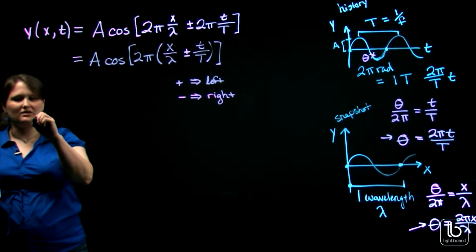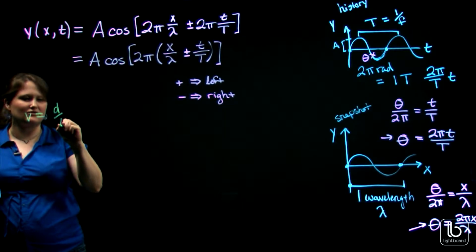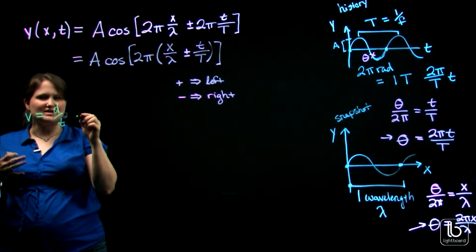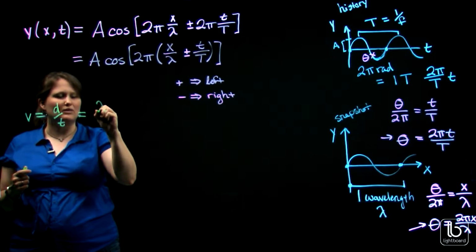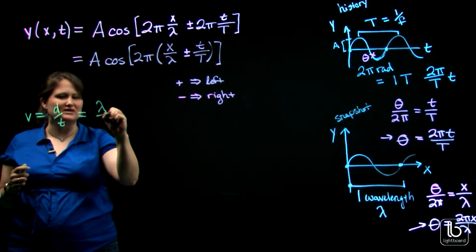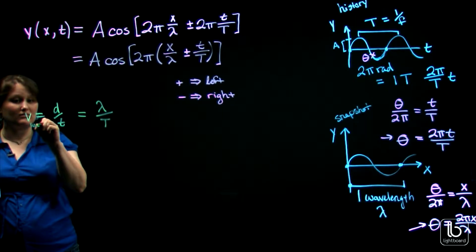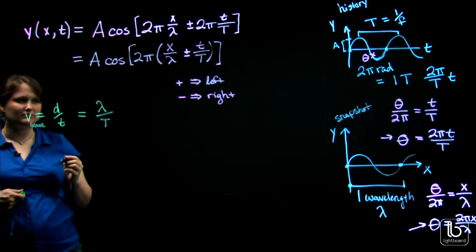So I know that velocity is distance over time. Well, if I say the distance for one cycle is one wavelength and the time for one cycle is a period, ta-da! This is my wave speed.